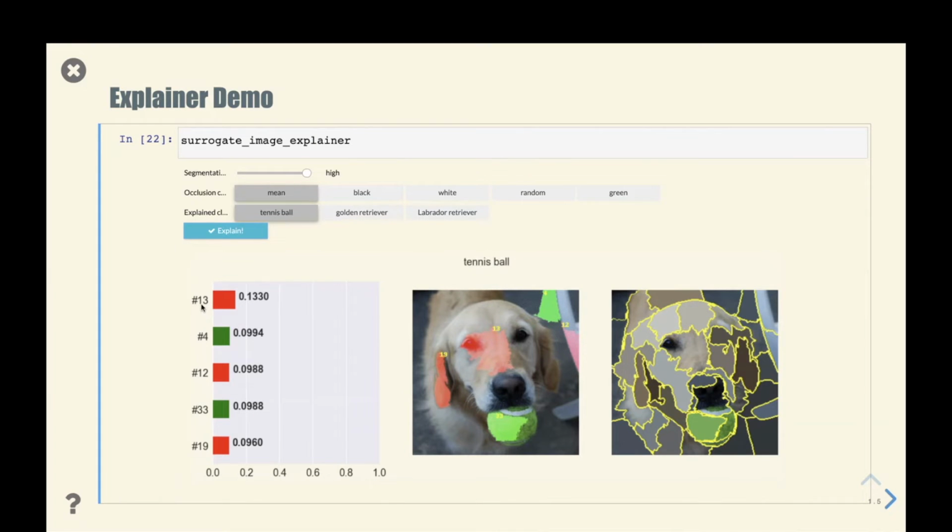So it would decrease the probabilistic prediction of our black box if some segment number 13 is present, whereas adding segment number 23, which is this part of the ball, would increase the probabilistic prediction of the tennis ball. So here we explain each class individually. So for example, if I change to golden retriever, then we train our surrogate on the probabilistic predictions for golden retriever for our random sample.